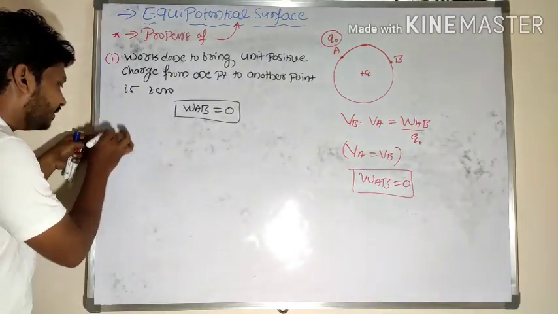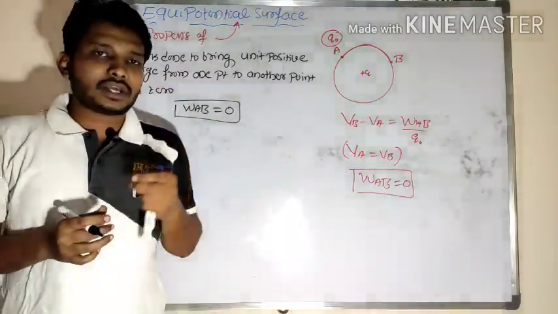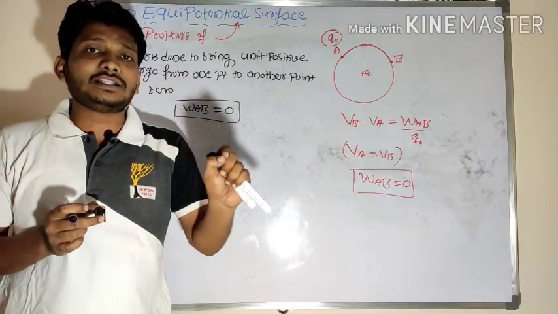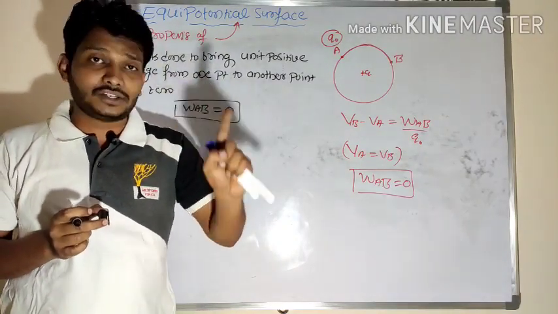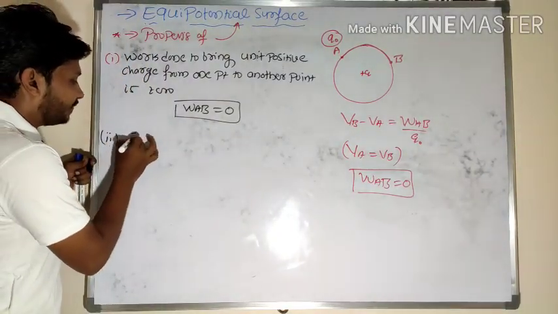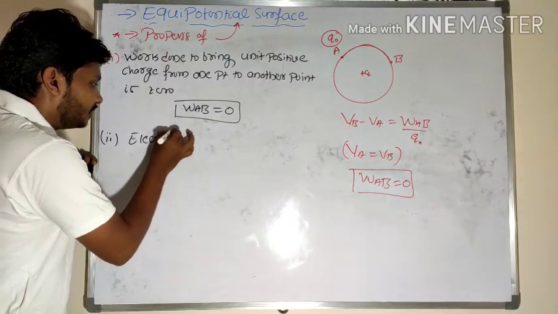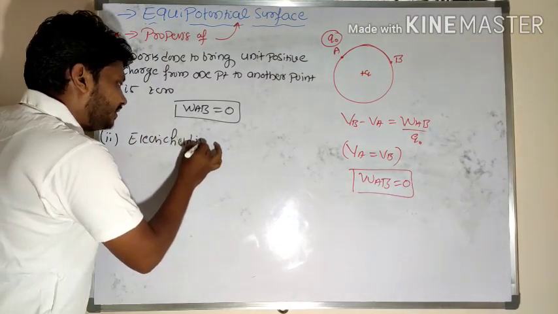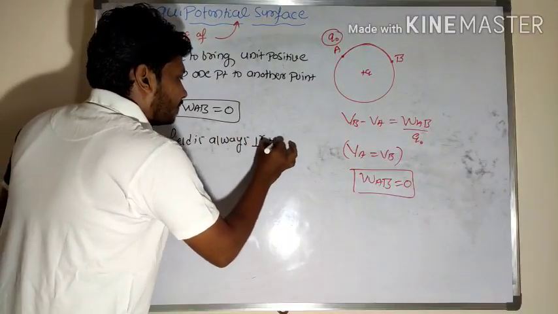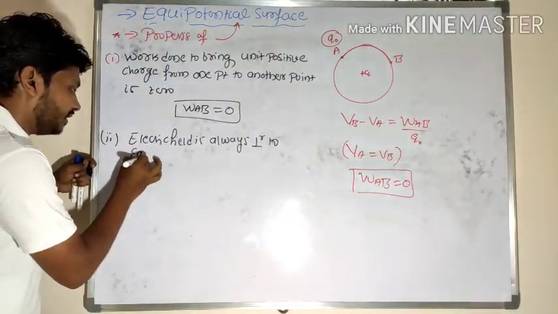Next, in the case of an equipotential surface, the direction of the electric field is always perpendicular to the equipotential surface. So what is the direction of the electric field here? The electric field is always perpendicular to the equipotential surface.